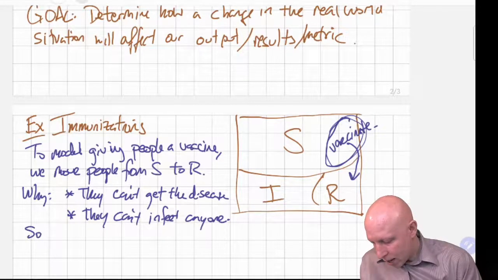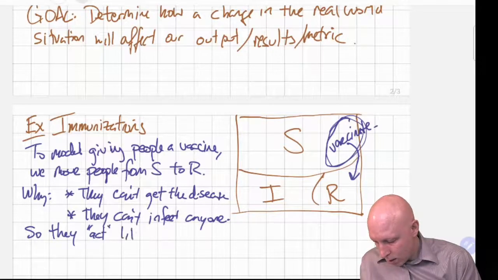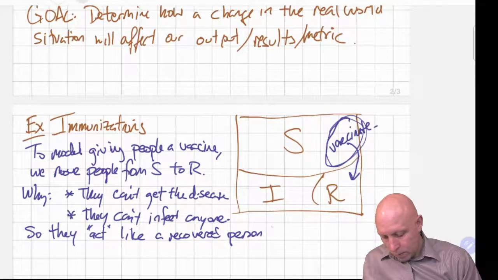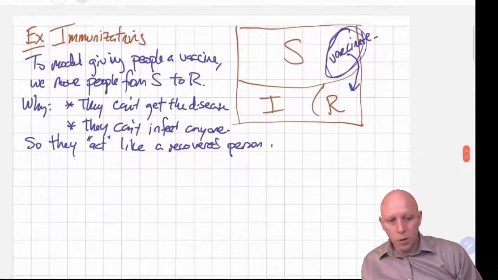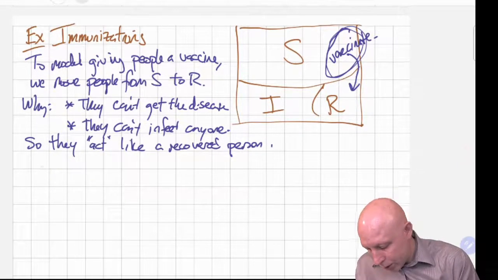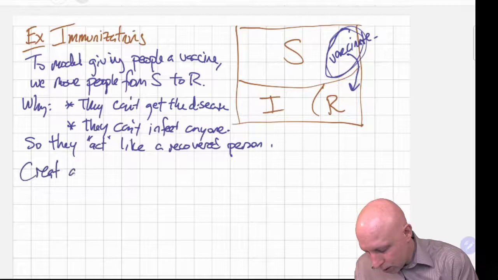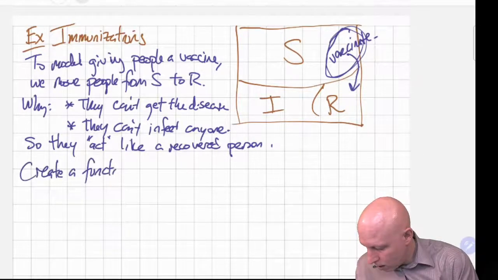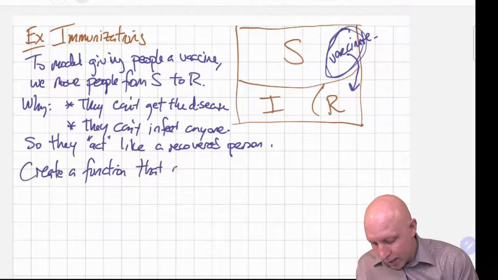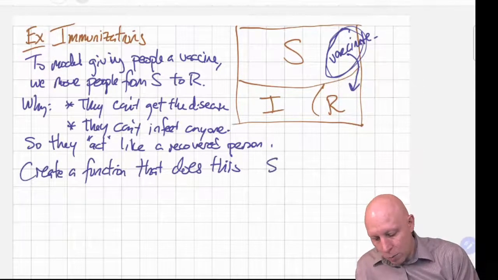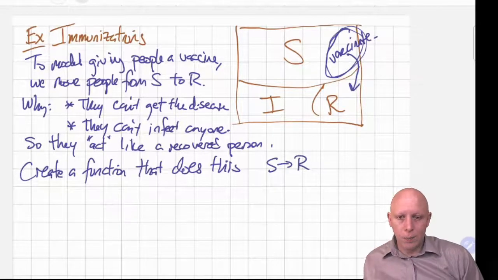And so they act like a recovered person or a resistant person. All right, so we're going to create a function that does this. It's going to move people from S into R.